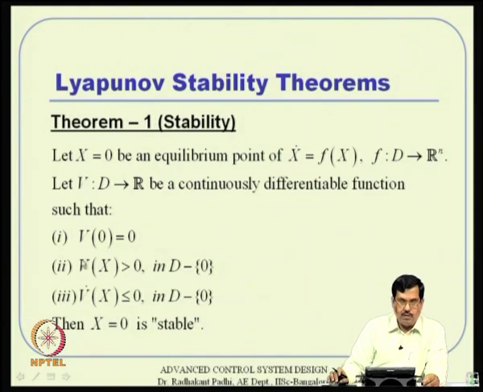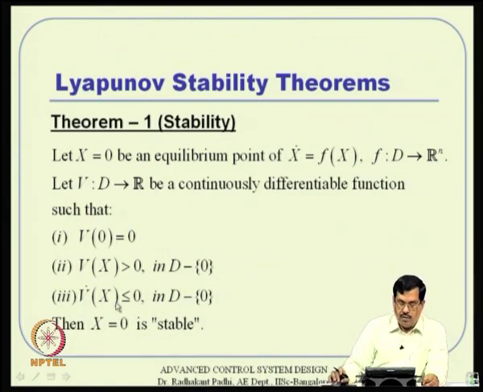Conditions 1 and 2 taken together, all that you are telling is V of x has to be a positive definite function. You start with a positive definite function, a scalar function defined in the same domain D, and with respect to that selection, the third condition has to be satisfied.